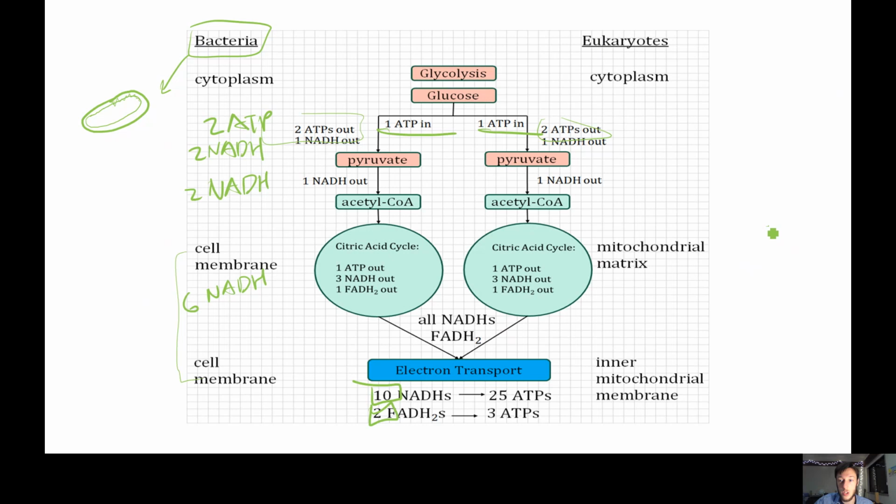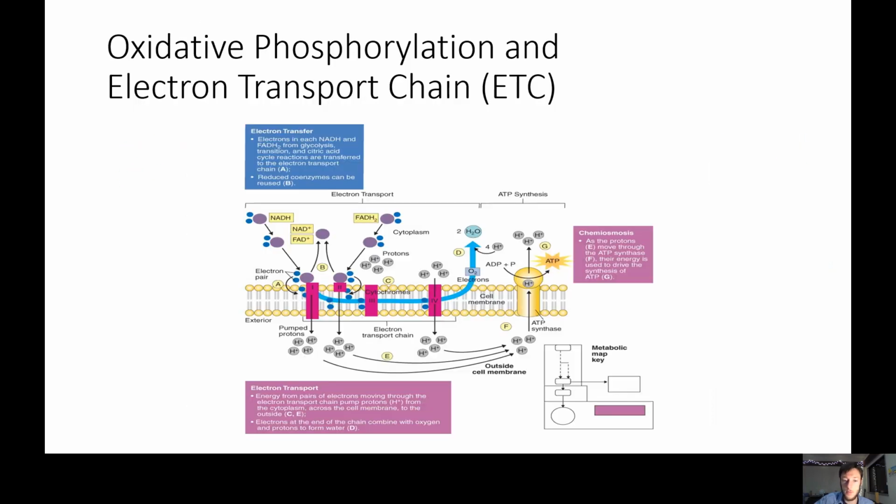Mitochondria exist inside the larger cell, right, with the nucleus and all the organelles and stuff. So just keep that in mind. This is kind of like a bacteria living inside. It's not, but the mitochondrion is kind of like its own bacterial thing. So just keep that in mind, the differences between where it's happening in eukaryotes versus where it's happening in bacteria.